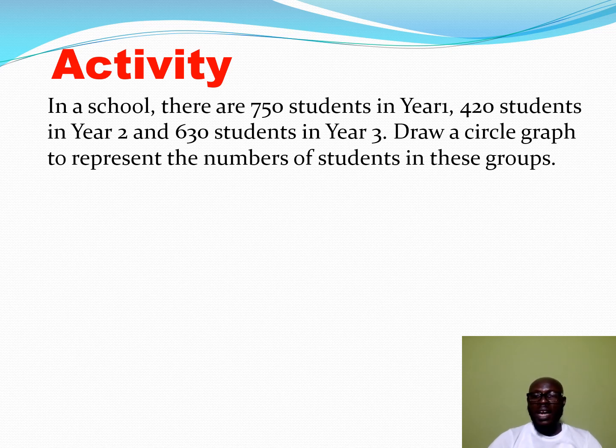That tells you that another name for a pie chart is a circle graph or a circle diagram. So we have to come out with a pictorial representation of this information using a circle graph.